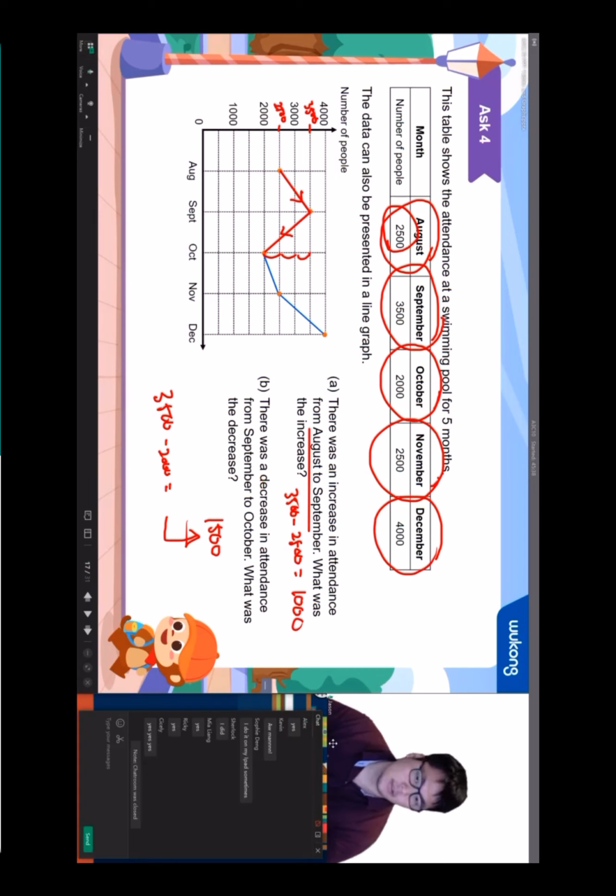So we can see 1, 2, 3 rectangles, or 3 jumps. So that means it's going to be 1,500, 3 times 500. But let's check our answer. September was 3,500, take away 2,000, and yes, we get the same answer.